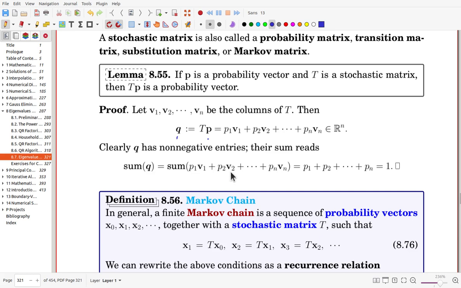Again, the sum of v2 must be 1, and so on. So we reach this summation. But we started with P being a probability vector, so the sum must be 1. So we prove the lemma.